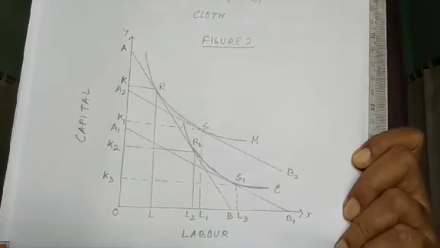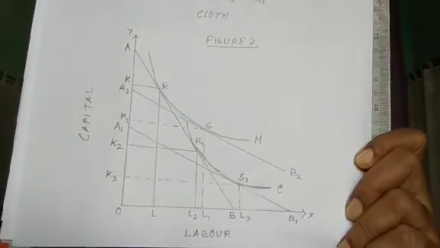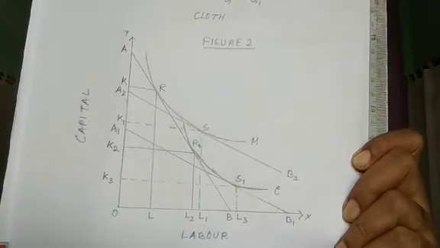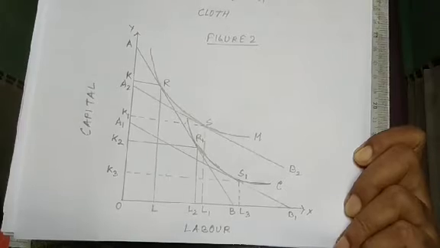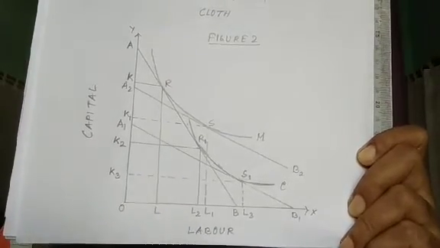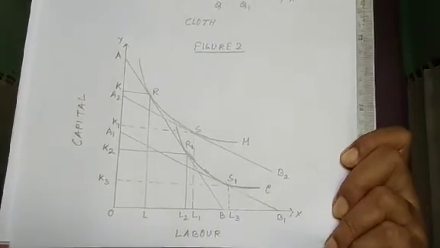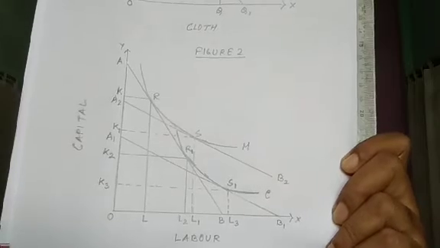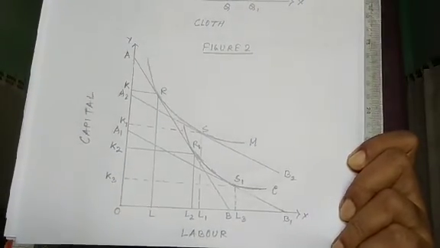Now if we express this in terms of labor, OK3 amount of capital can be converted into L3B1 amount of labor. So OK3 amount of capital is equal to L3B1 amount of labor.